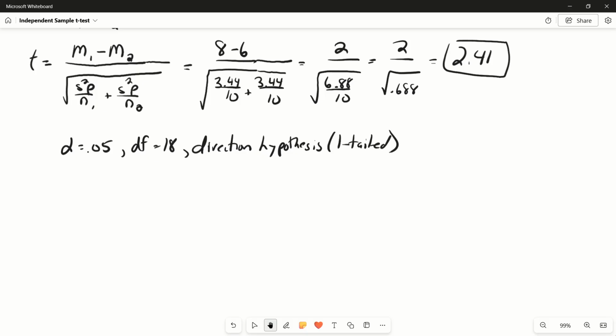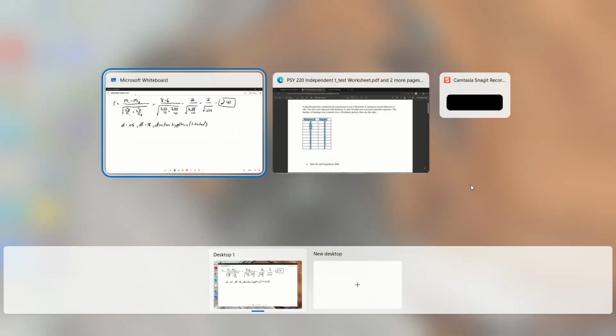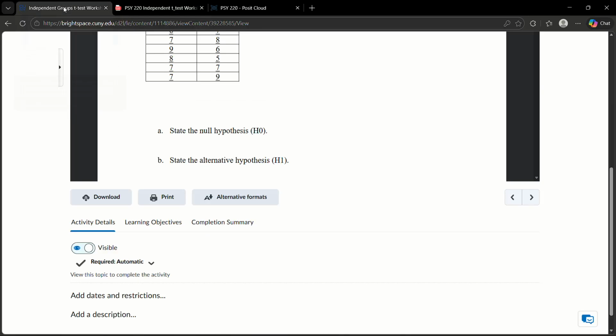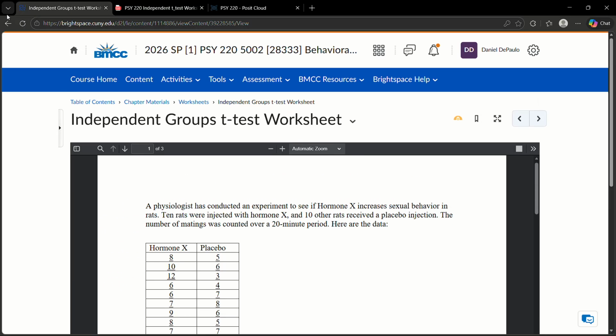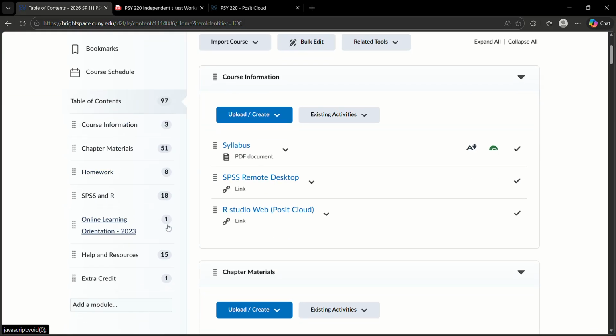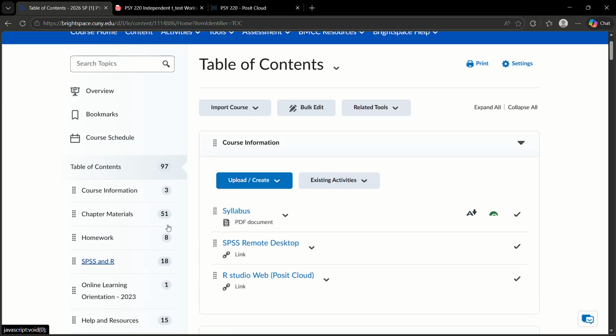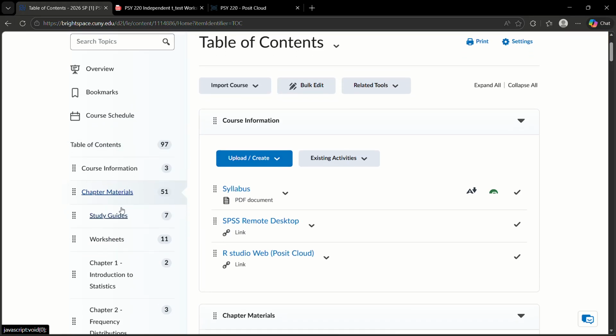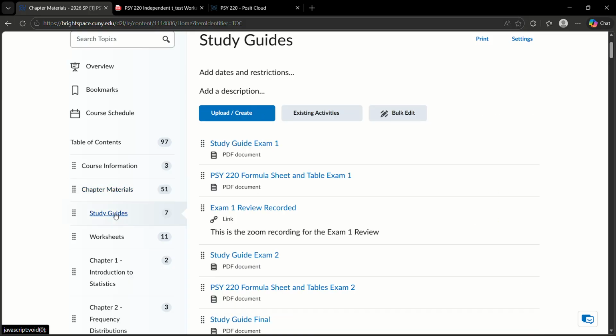What we have to do is go into our table, which is under study guide. So if we go into our study guide here, just find the table. So I'm going into course materials, and I'm going into study guides.